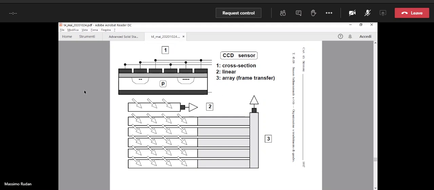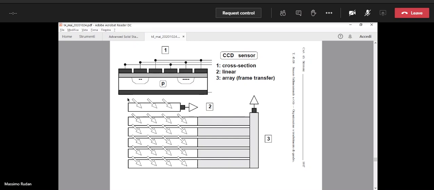into a two-dimensional CCD. Part one of the figure is again a cross-section of a linear CCD. If you look at it from the top instead of from the side, you see something like number 2, a schematic of a CCD from the top. These arrows are impinging light.